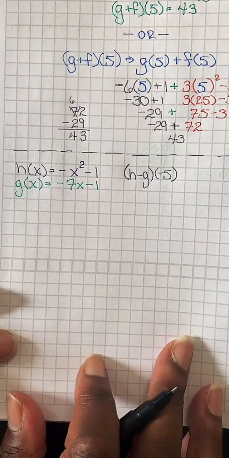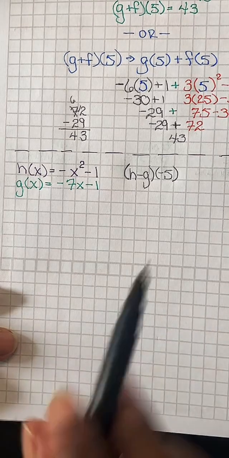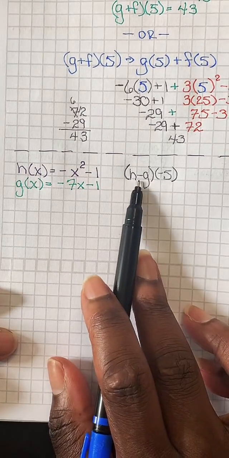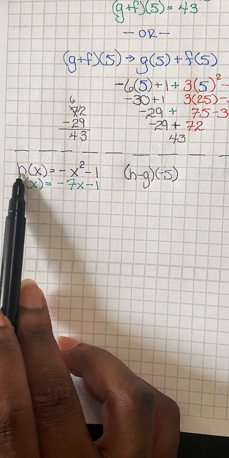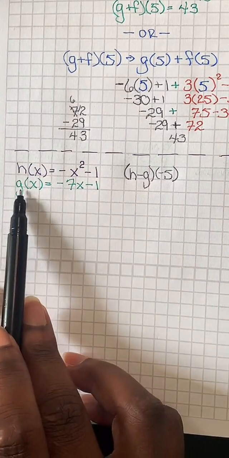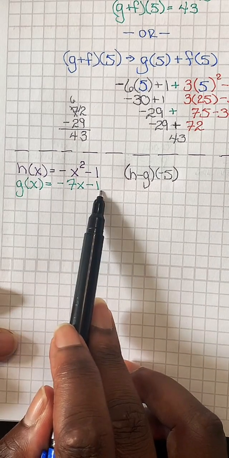Well, here we go. So we have h minus g of -5. The h is representing my h function. The g is representing my g function.